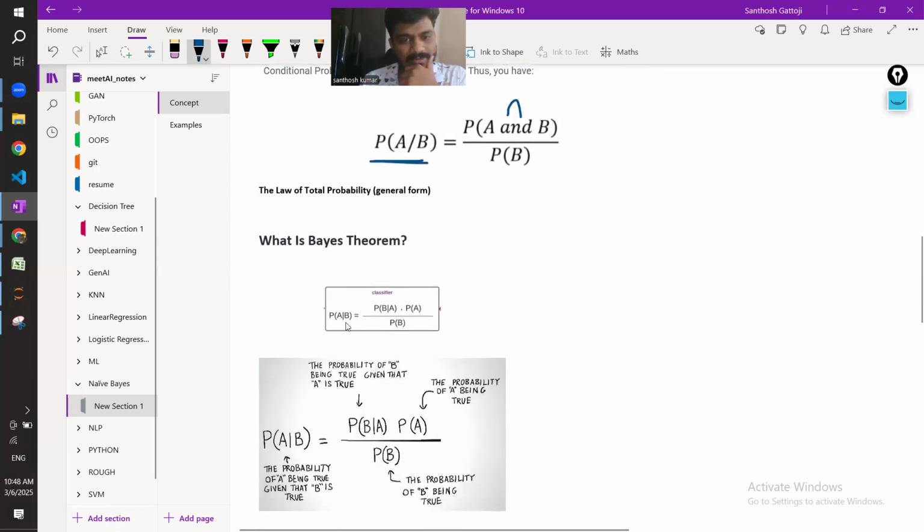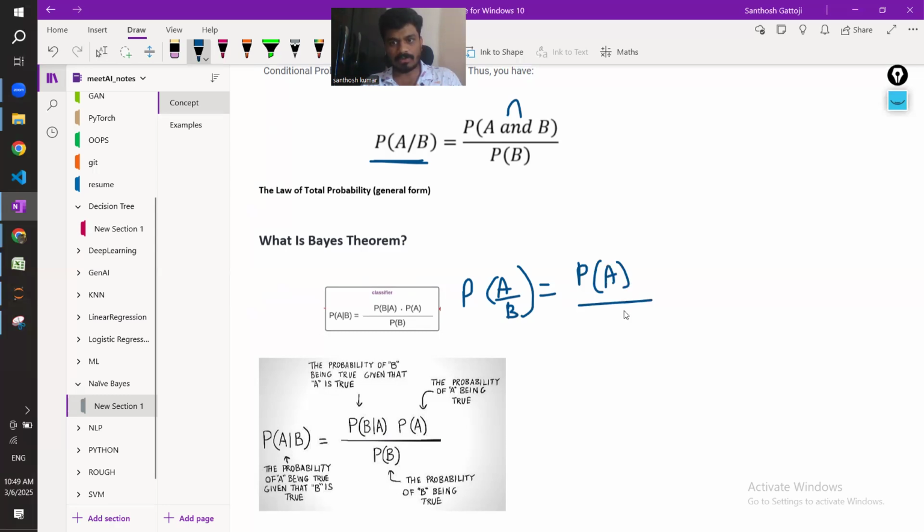Probability of A given B. Conditional probability says probability of A given B is probability of A intersection B divided by probability of B. Bayes theorem says it in a different way: probability of A given B equals probability of B given A times probability of A, divided by probability of B. The simple way to write it: probability of A given B is probability of A by probability of B times probability of B given A. Same thing I've written: probability of A given B times probability of B given A.